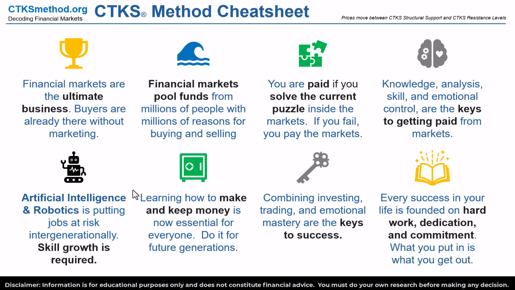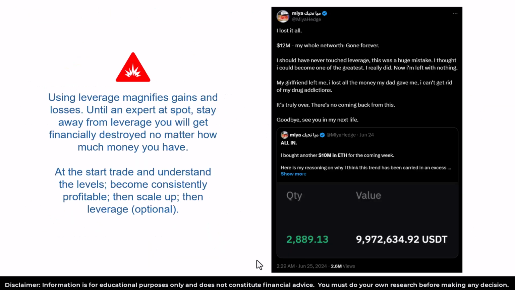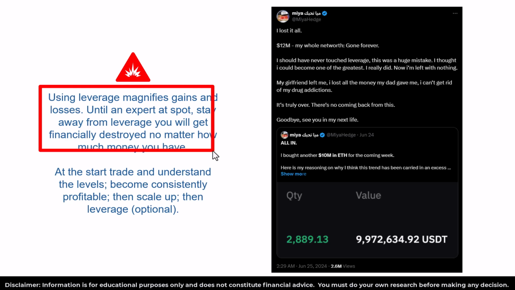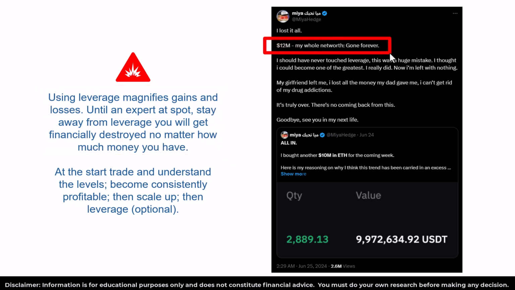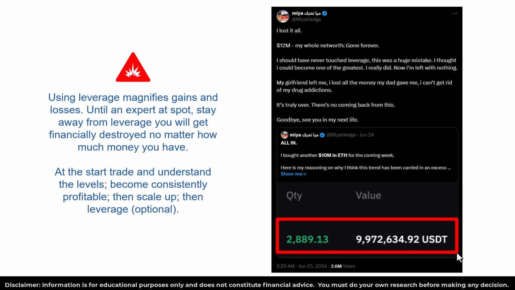Therefore, learning how to make and keep money is essential, and it's an intergenerational skill that you can pass on to your children, and they can pass it on to their children. One suggestion I would make, until you're an expert at spot, it's advisable to stay away from leverage. It's very easy for people to lose their entire net worth just by going long or going short under derivatives.